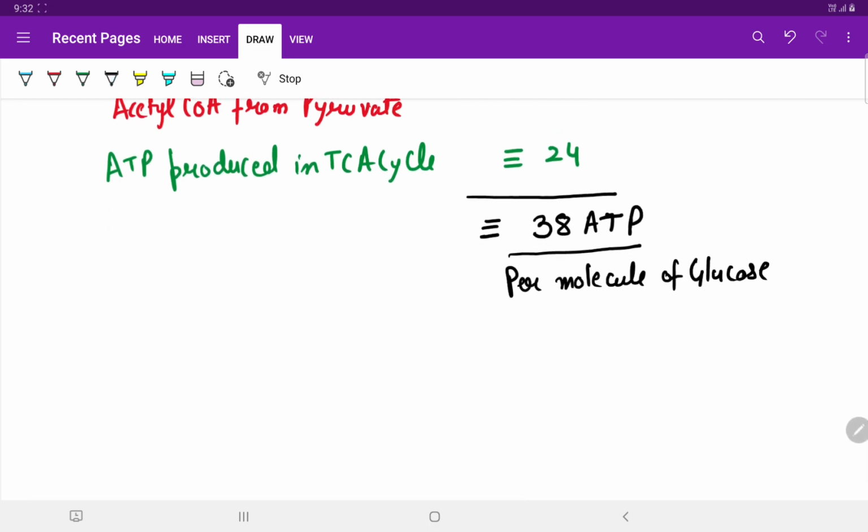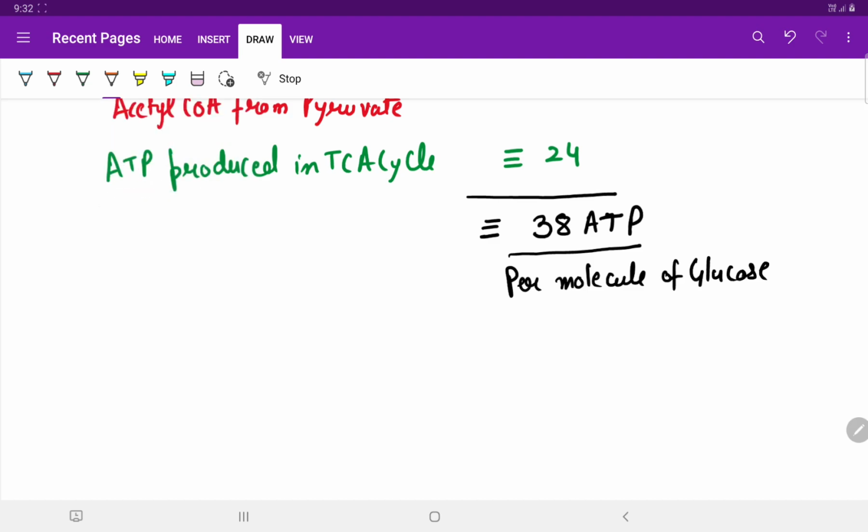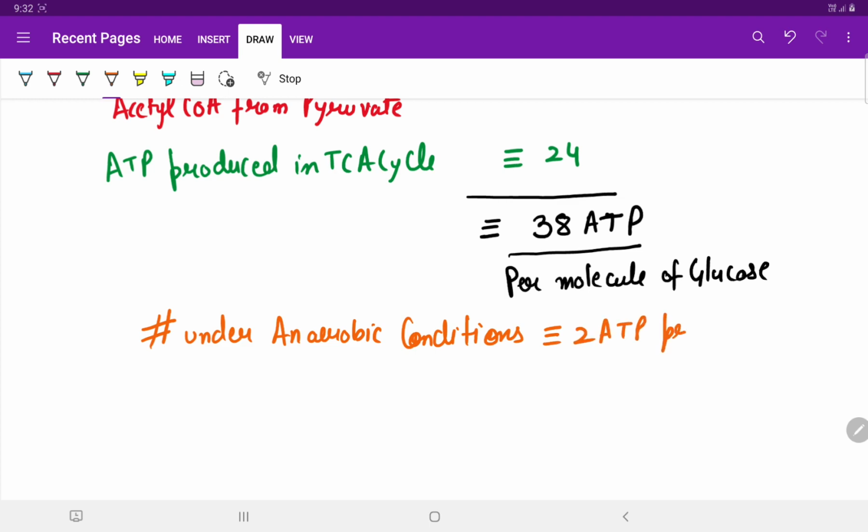And other than this, if pyruvate is converted into lactate, then also under anaerobic conditions a total of 2 ATP will be produced. So this is for under anaerobic condition.